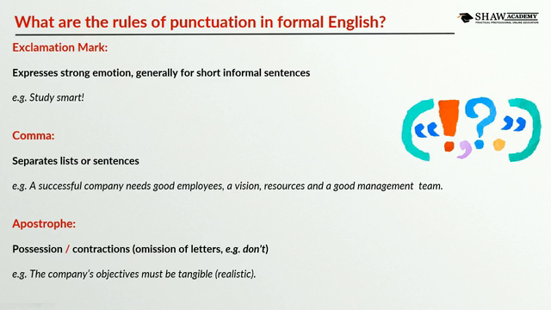Now, guys, this is the objectives of one singular company. Okay, a single company. Now, what if this was two companies or three companies and we wanted to say the objectives of the companies? How would we write that?